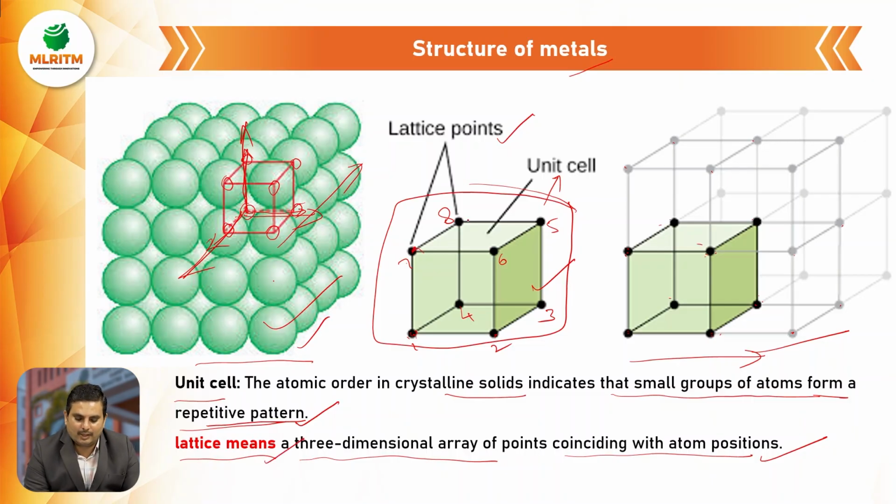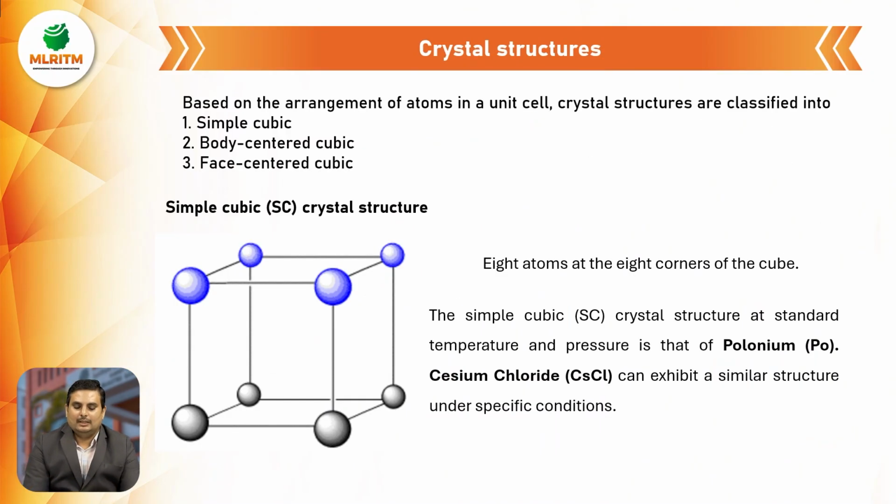These are the lattice points, all 8. Based on the arrangement of this unit cell, crystal structures are classified, particularly the cubic structures: simple cubic, body centered, and face centered cubic.